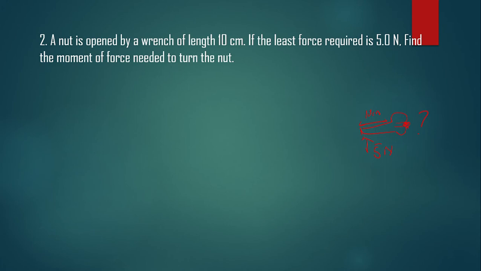First we'll write down what has been given to us. The distance is given as 10 centimeter, and force is 5 Newton. We have to find out the torque. Remember one thing over here, the units: the distance is given in centimeters, so we have to convert it into meter. 10 centimeter, you can write as 10 by 100, that will be 0.1 meter. Why did we divide by 100?